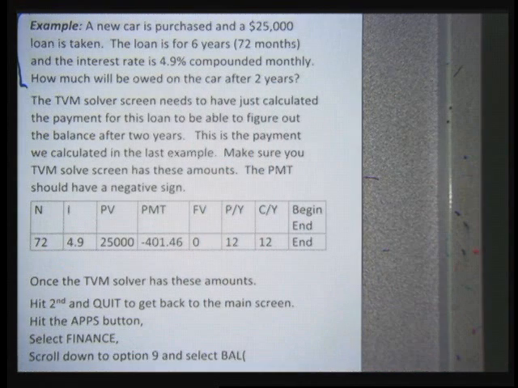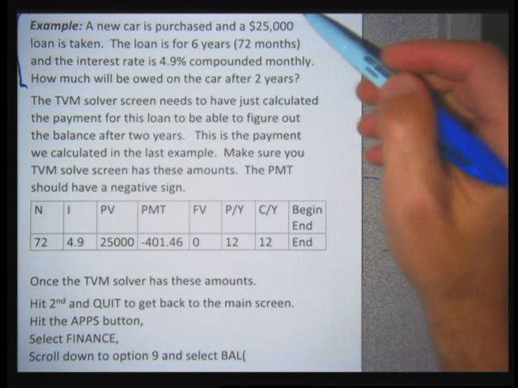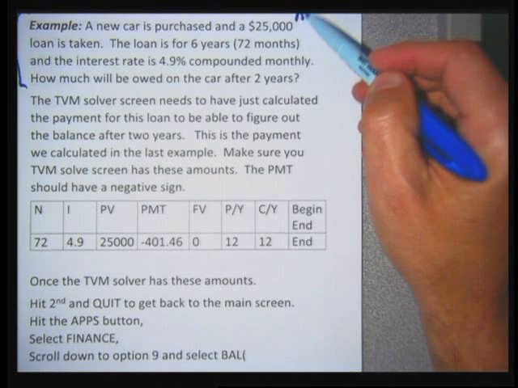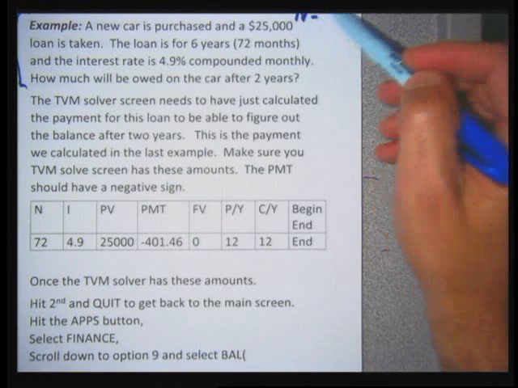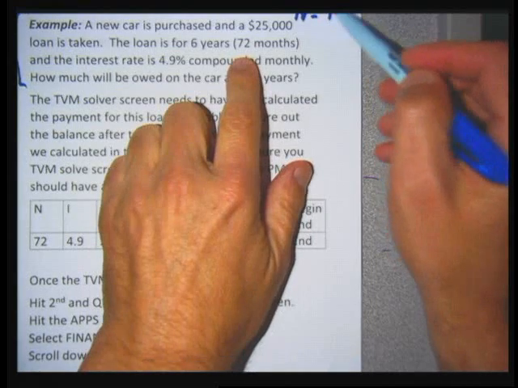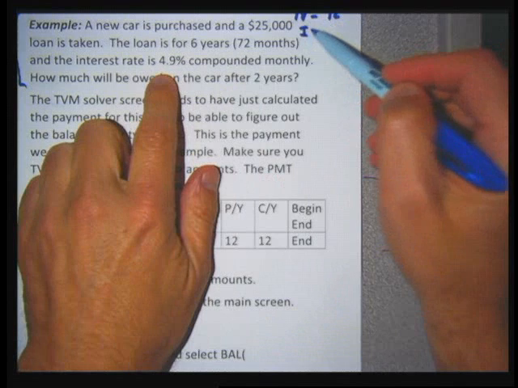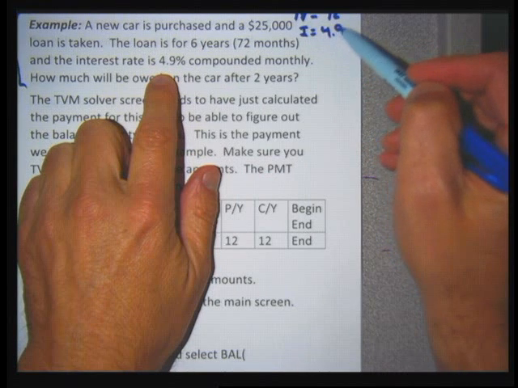Well, first of all, I have to get the loan in my calculator's memory. So I'm going to calculate the payment so my calculator understands which loan I'm talking about. For the N, I'm going to plug in 72. For the I, I'm going to plug in 4.9.